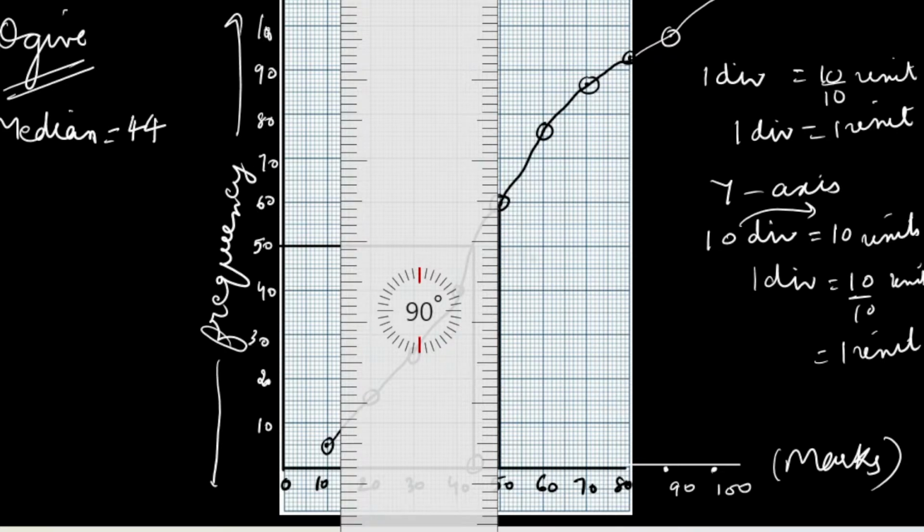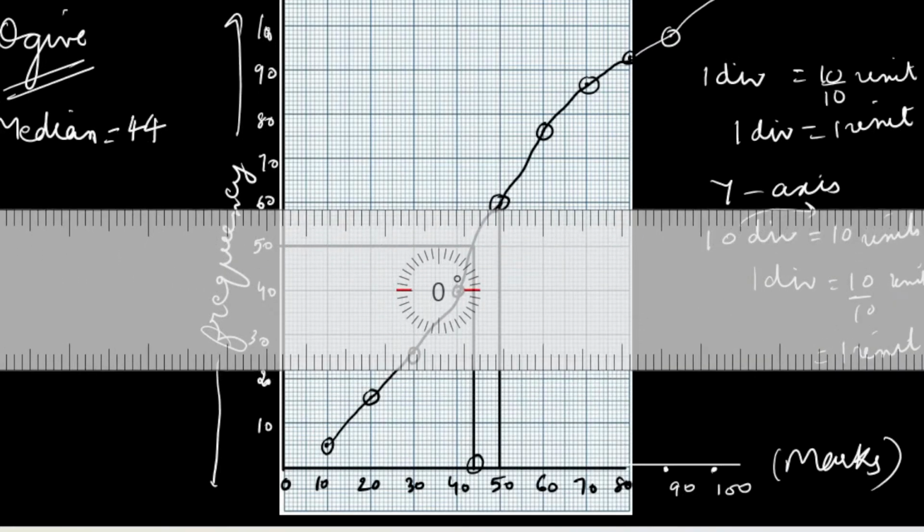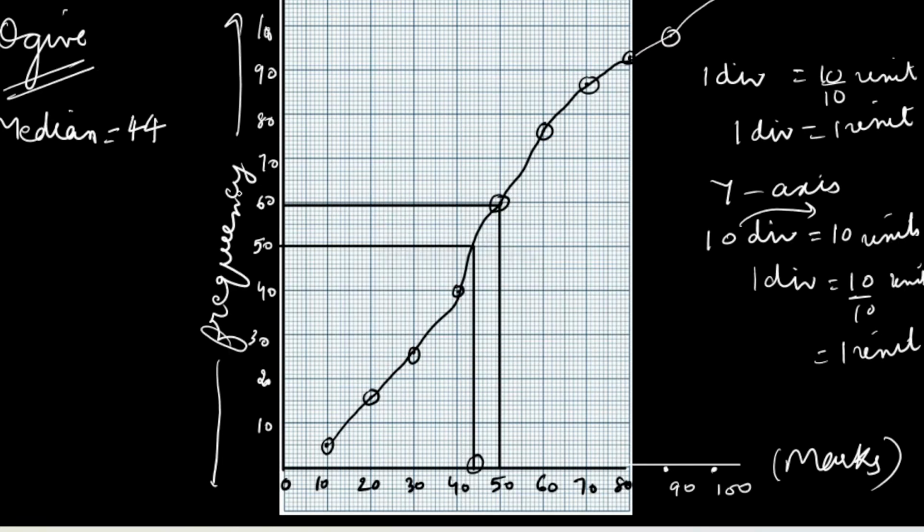Corresponding to this point, we will then draw a horizontal line, and the line should meet the y-axis. So this point is the number of students. So I'm getting like 59. So at 50, 59 or 60 I'm getting.